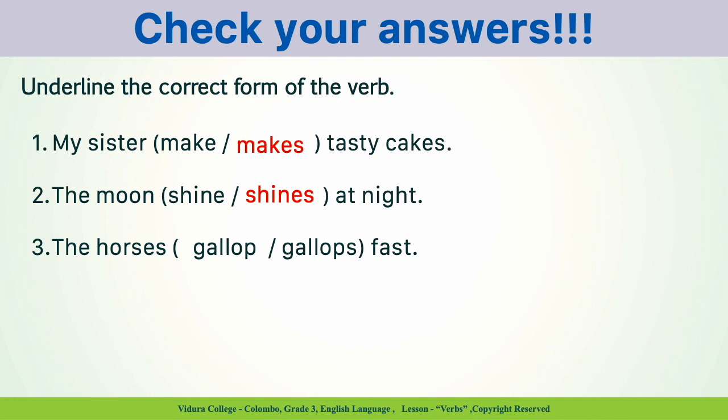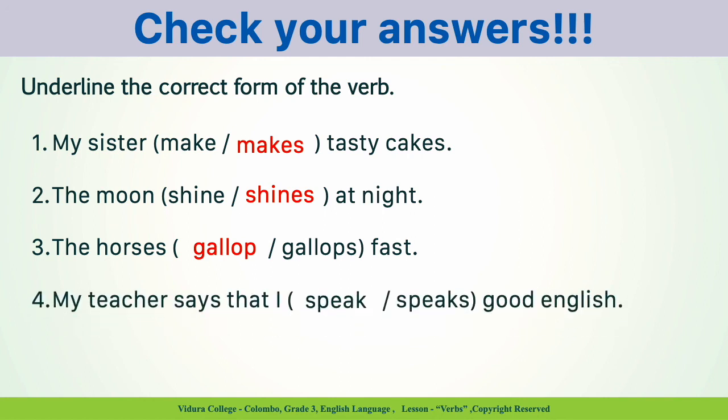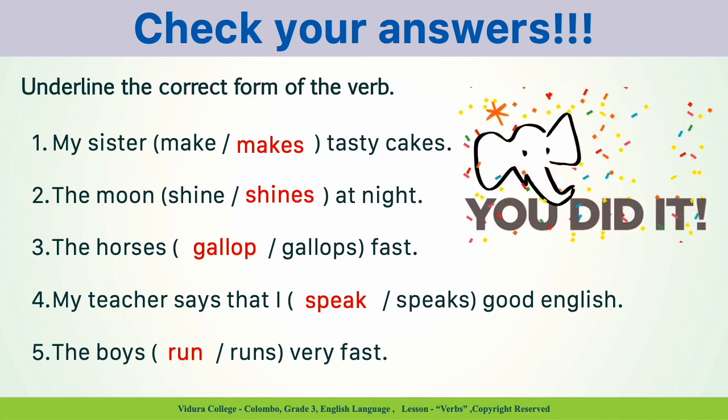The horses gallop fast. Fourth one. My teacher says that I speak good English. Fifth one. The boys run very fast. Well done, children.